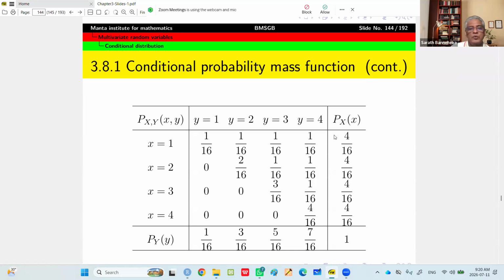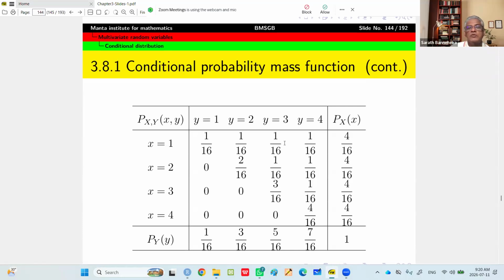So if you consider these numbers, they do not give you a mass function. They cannot be considered as the values of the conditional probability mass function of Y given X equal to 1. Right? So in order to make the masses add up to 1, you'll have to normalize them.